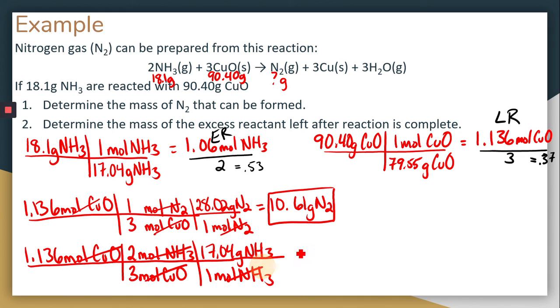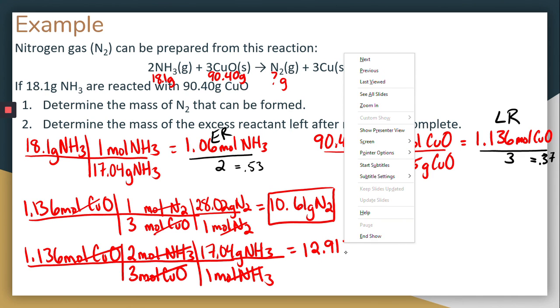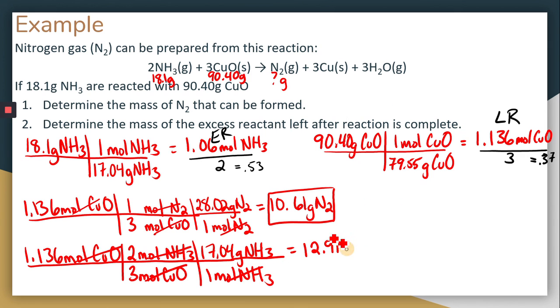The moles cancel. Working that problem, times 2 divided by 3 times 17.04, we've used 12.91 grams of NH3. So this is how much we've used.